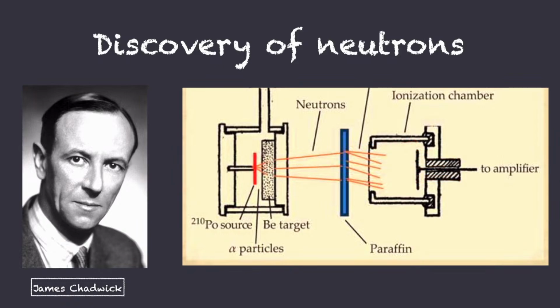These were neither positive nor negative, but he observed that these particles which were coming out from beryllium after bombarding it with alpha particles had mass. So, later it was discovered that the nucleus had protons and neutrons. Protons were positively charged, neutrons had no charge and electrons were negatively charged.